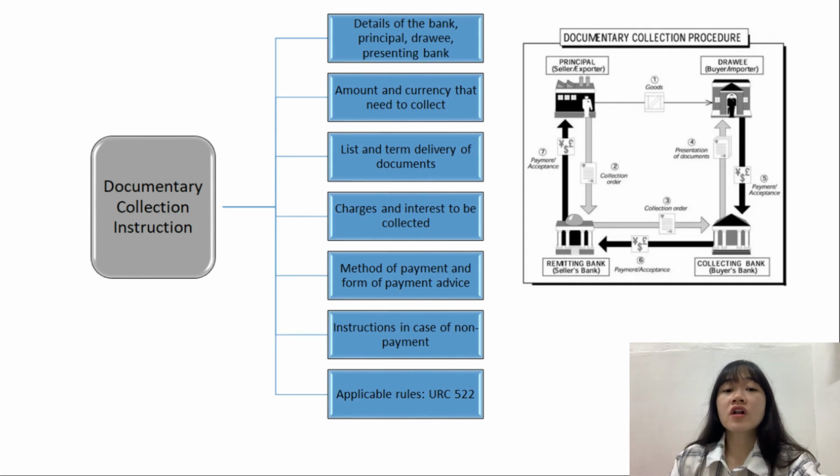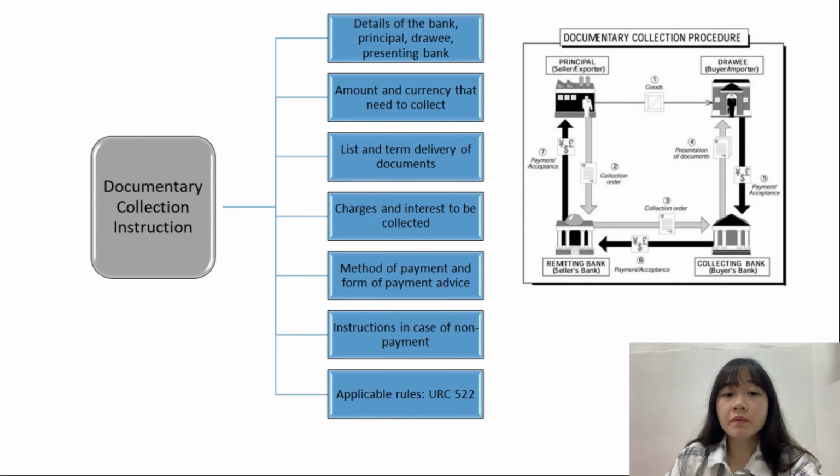A collection instruction should contain the following items of information as appropriate. Firstly, the details of the bank, principal, drawee, and presenting bank from which the collection was received should include full name, postal address, and if applicable, telephone and fax numbers.